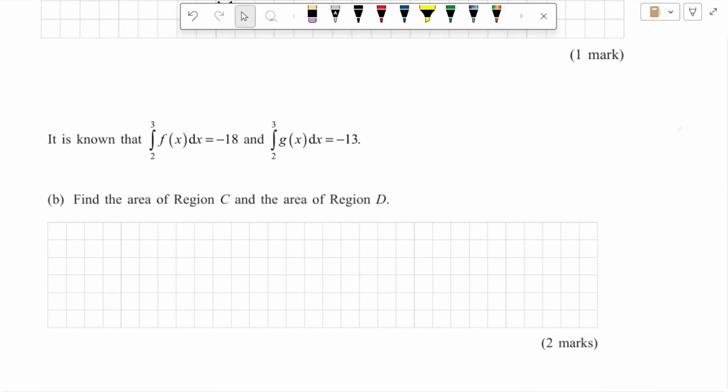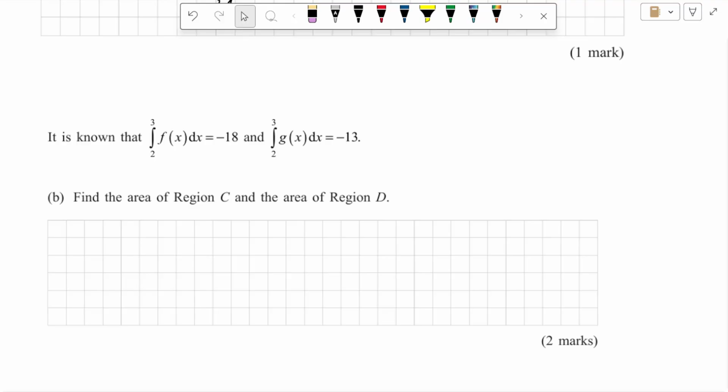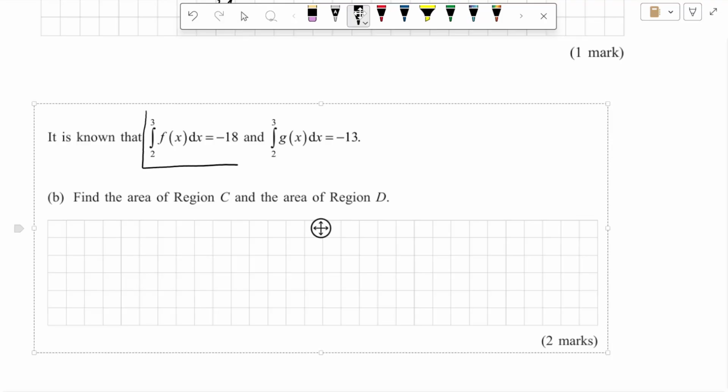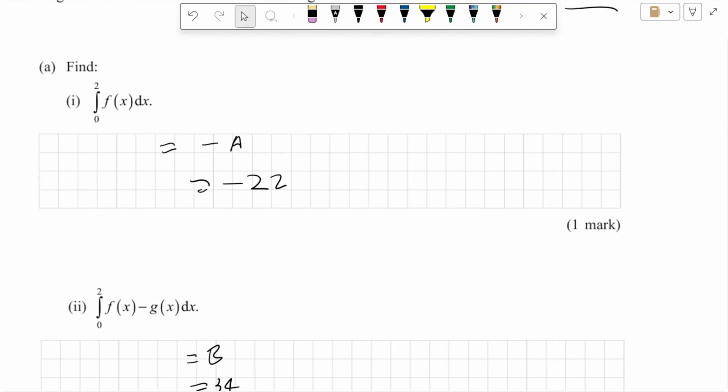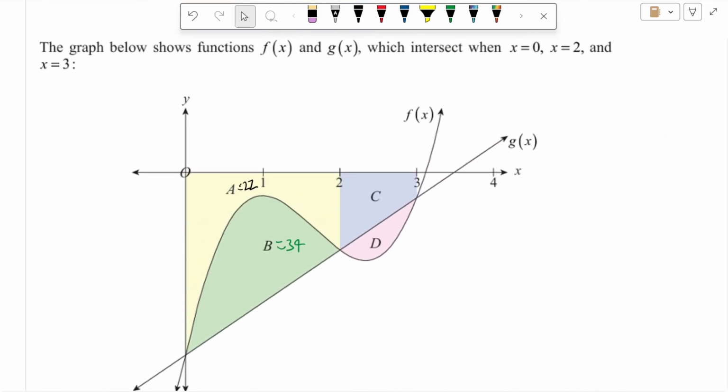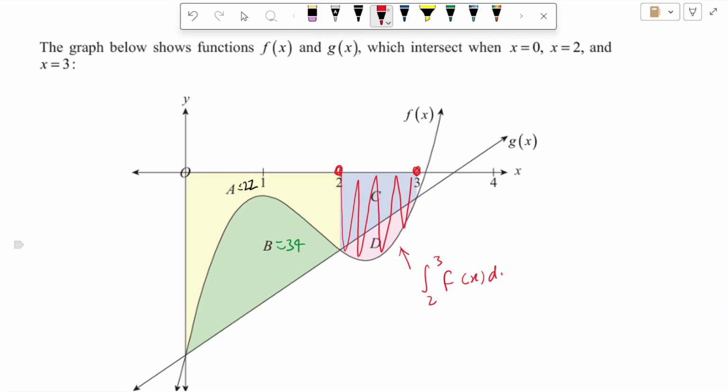Find the area of region C and the area of region D. So integral from 2 to 3 of f, what is that saying? So if we look at f here, and sorry, 2 to 3, not 0 to 2, integral from 2 to 3, what I'm saying is that all that area contained in there, that is the integral from 2 to 3 of f.